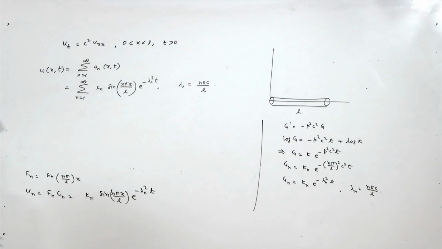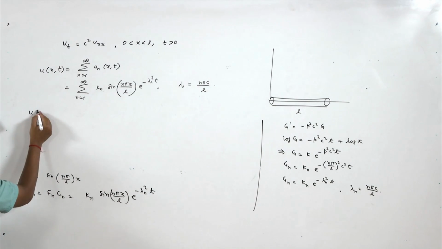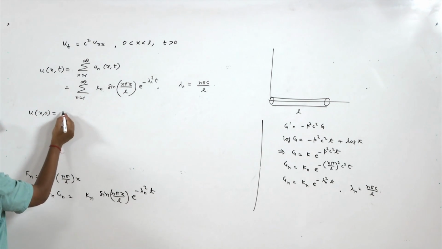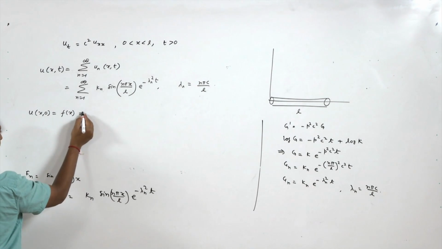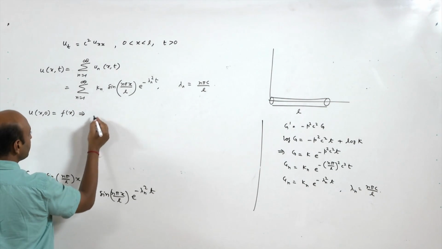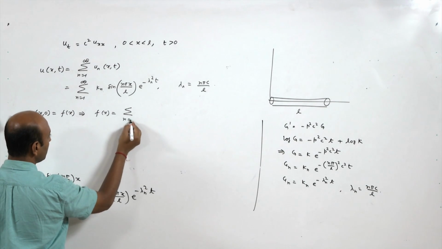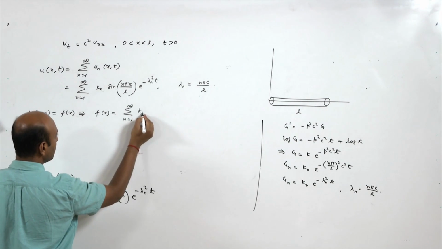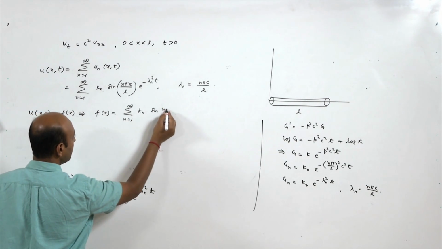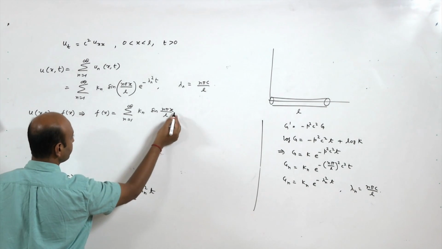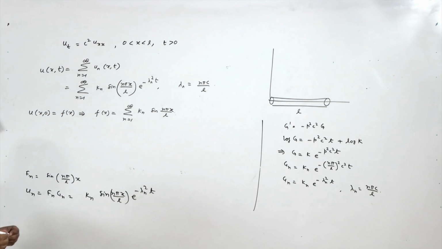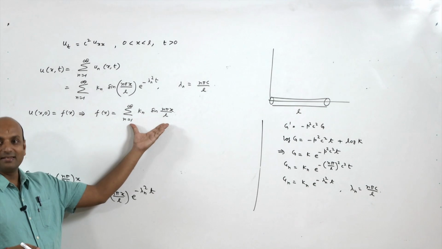Now, apply the initial condition that u(x,0) is equal to f(x). So, this implies f(x) is equal to summation n from 1 to infinity kn sin(n pi x by L). Now, again this is a Fourier sine series.